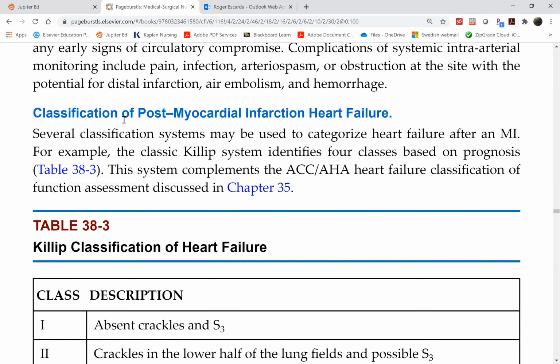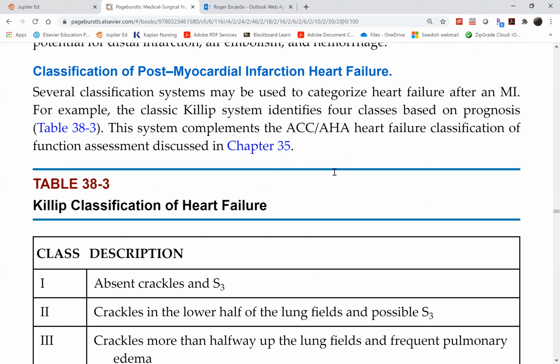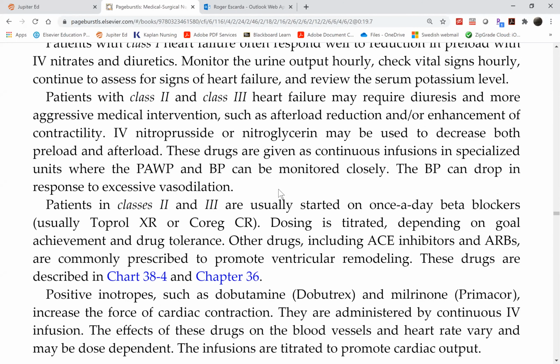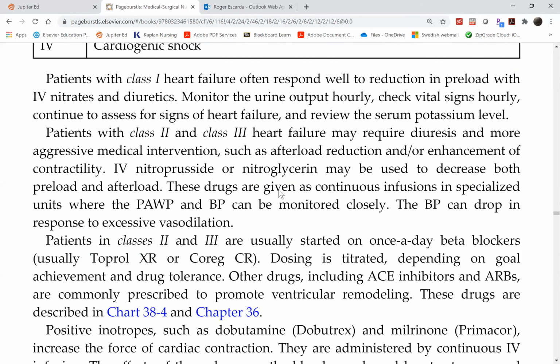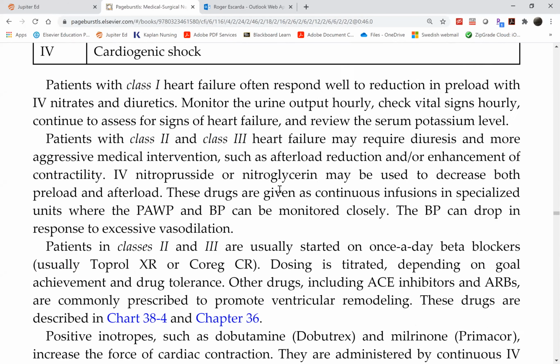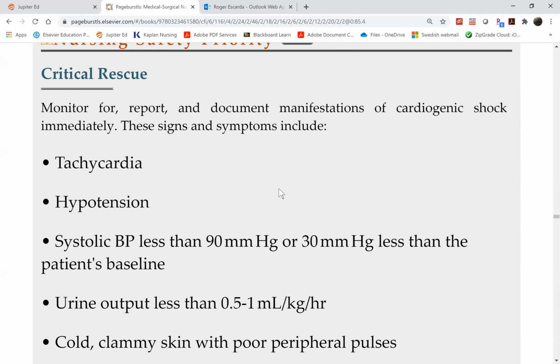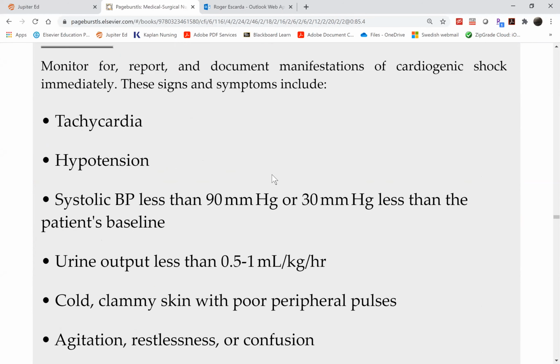I assume you guys already talked about classification of heart failure using the New York or Killip classification, classes 1, 2, 3, and 4. That's in chapter 35. I won't discuss it again, though I may test it. Cardiogenic shock, I'll test on the final exam.